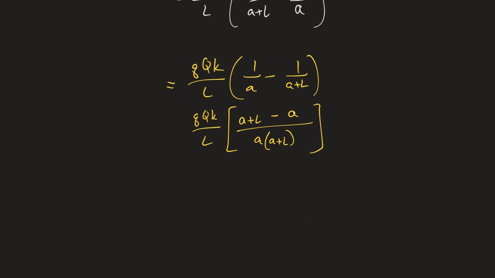So I get kind of an interesting result: k Q over L times L over a times a plus L. Yeah, you see it, right? I know. I see it too.